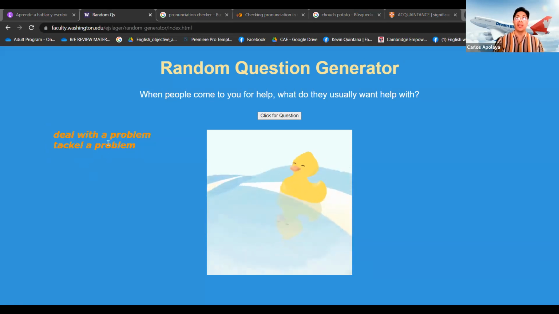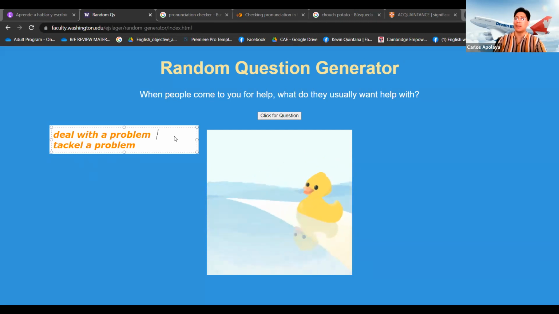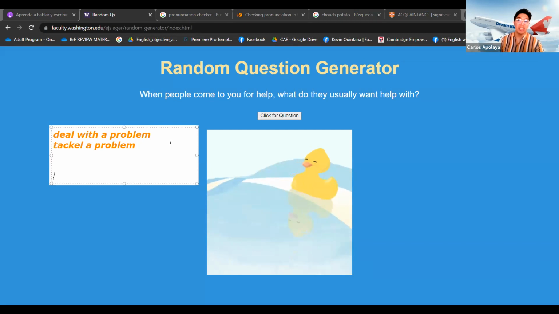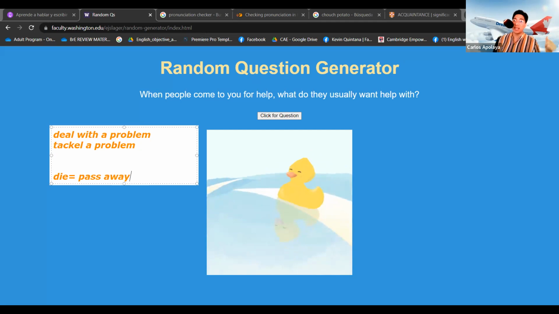Tackle, deal with. But there is another way to lidiar in English, but it's different because you deal with something like a problem, like an issue. But for example, Peter's father died. To die is the same, pass away. So Peter's father passed away yesterday. Okay.